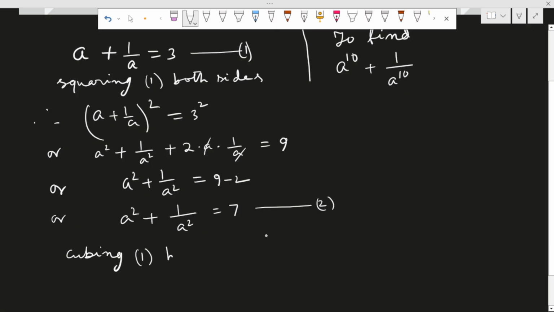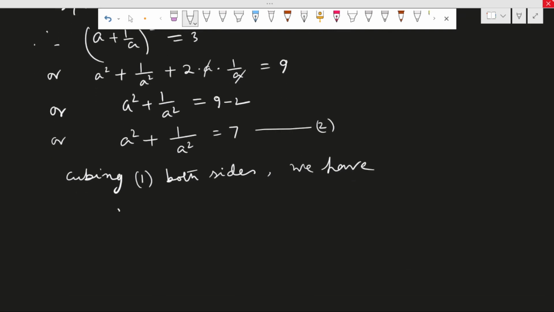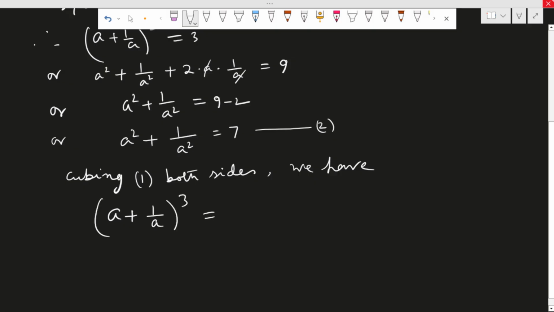Now cubing both sides of 1, we have a plus 1 by a whole cube is equal to 3 cube.